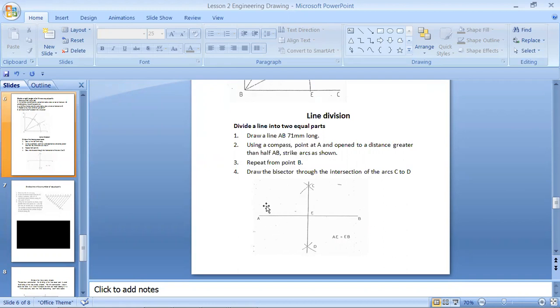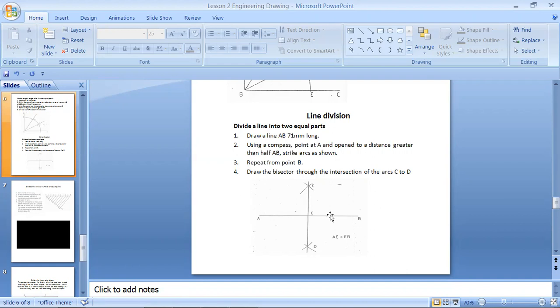And then you open the compass, stand the point of the compass in A, and open the compass somewhere greater than the half of the line, never less than the half of the line. You don't know exactly where is the half of the line, but approximately you will know that anywhere that you open the compass around here will be greater than the half of the full size of the line, right?